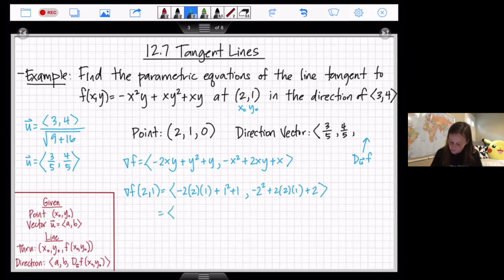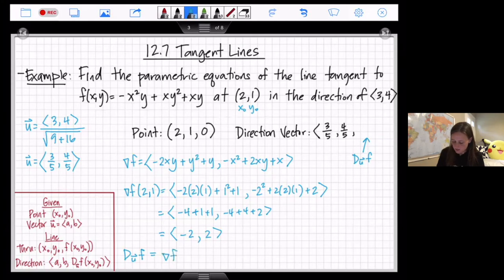I got negative 4 plus 1 plus 1, negative 4 plus 4 plus 2, and we get negative 2 and 2. That's not so bad. That's my gradient vector.